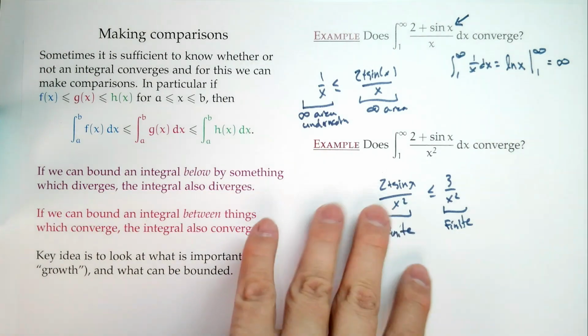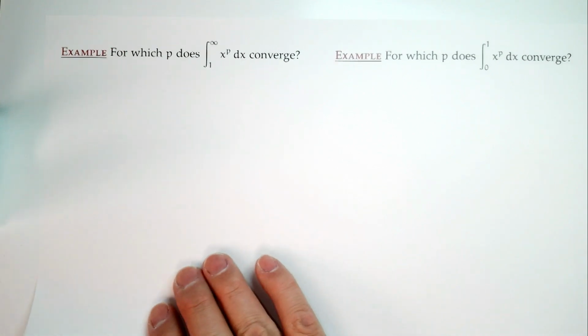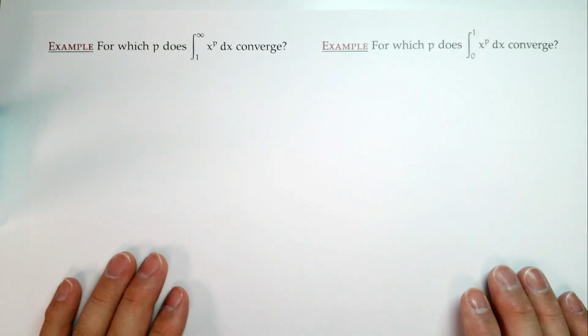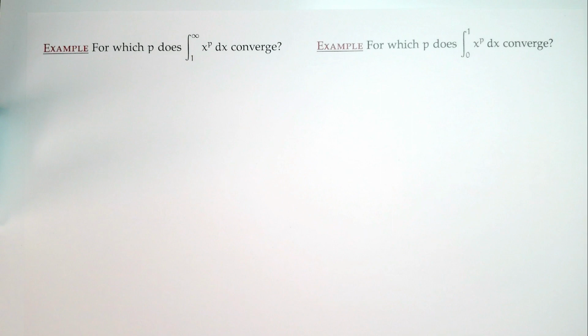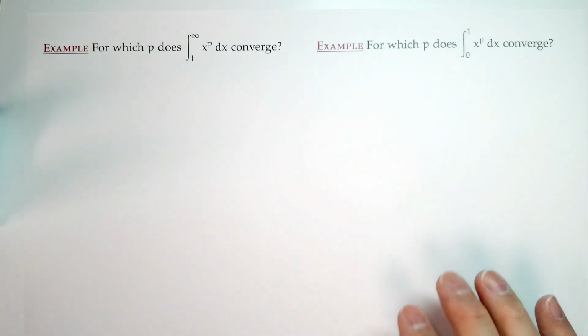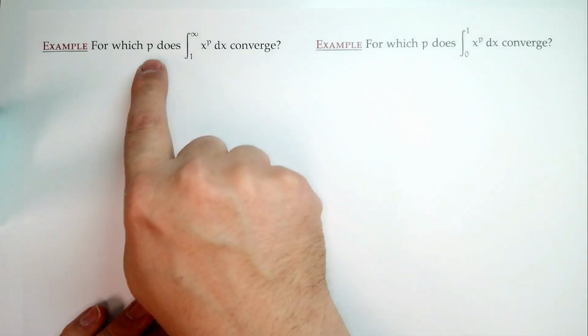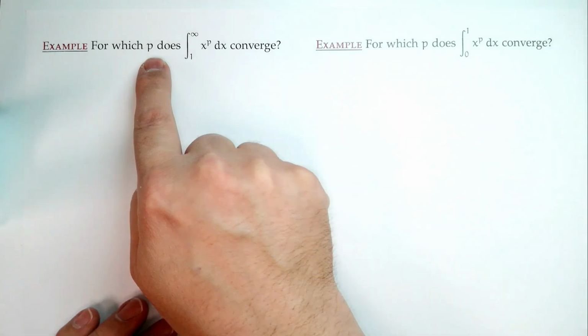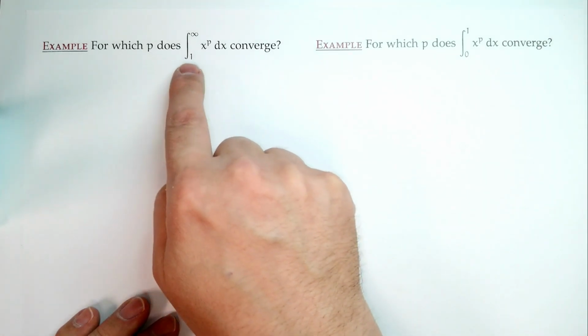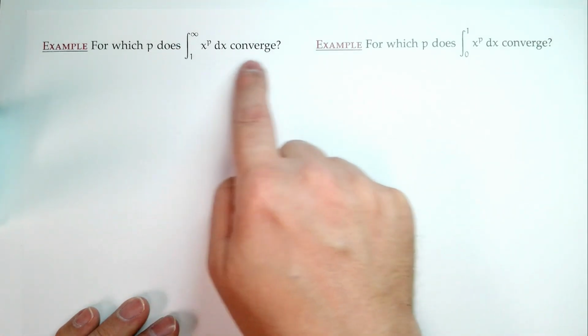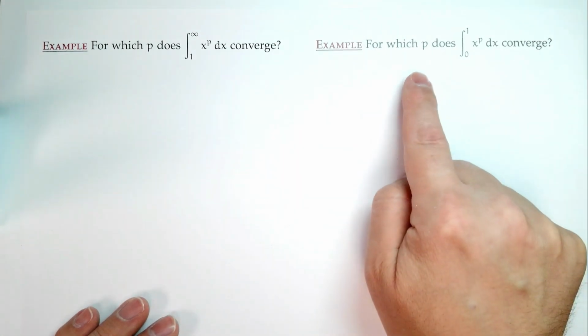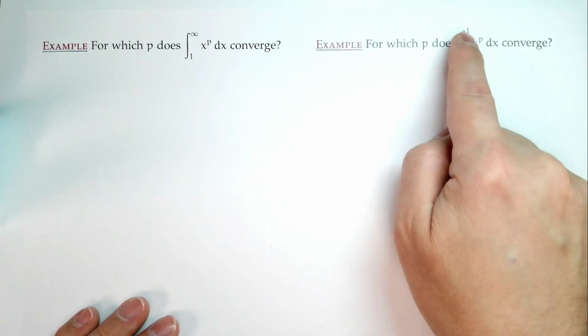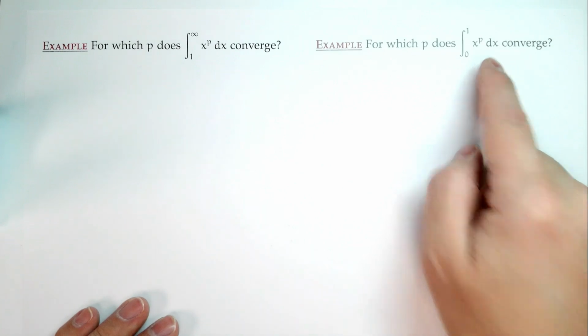So to help us, let's start with these integrals. All right. So we're going to do two problems which look very similar. For which values of p, so p is some number, don't know what it is, it could be arbitrary, does the integral from 1 to infinity of x to the p dx converge? Then we're going to ask the same question for the integral from 0 to 1 of x to the p dx.